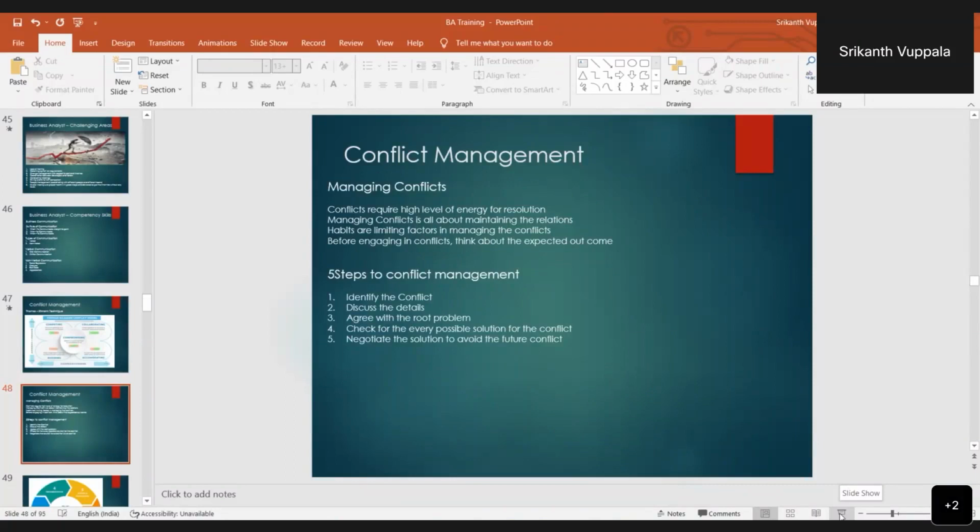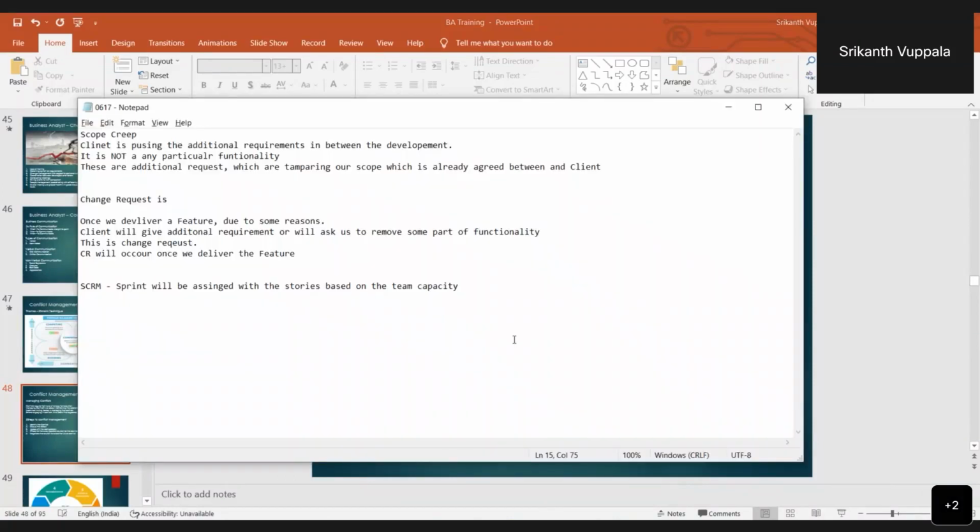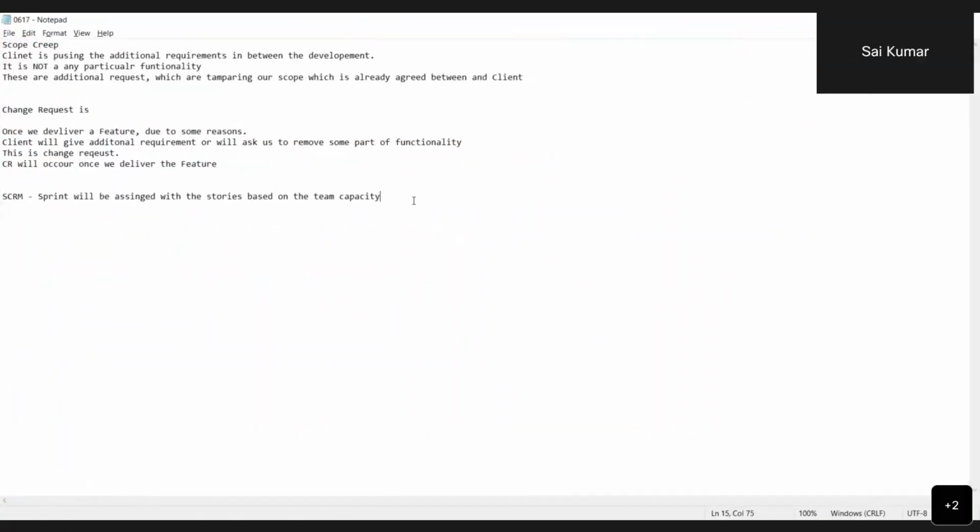I think I have not added that exercise in the slide. You are able to see a notepad, right? Yes. So I'll put the exercise over here. You can make a copy of that.